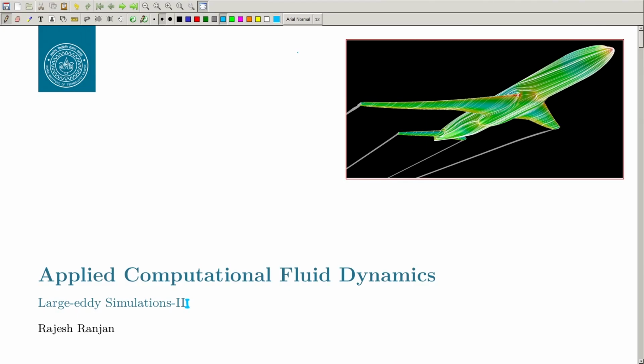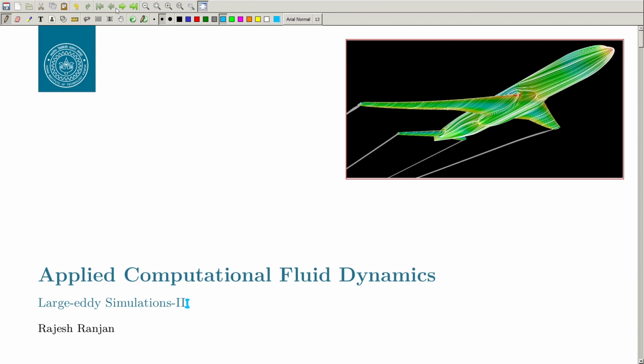Hello everyone, welcome back. In the last class we derived the LES equation for the incompressible flow, and we also looked at the properties of the filter, and the ways in which these filters differ from the averaging process that we use in the RANS equation.